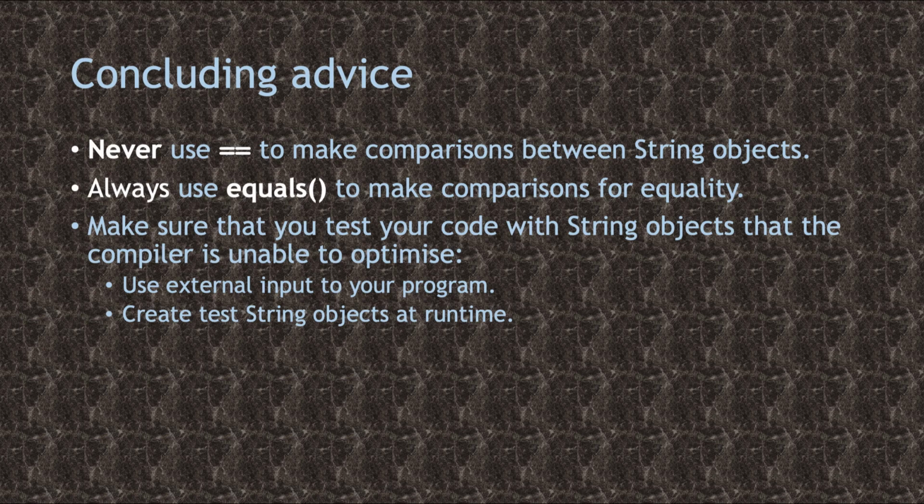Furthermore, when we're testing our code to make sure that we've followed this rule, we should always test with string literals that the compiler is not able to get access to at compile time. So we can do things like interactive testing, where we read the text from either the keyboard or from a file. And we can also put tests in our code where we dynamically create string objects in the way that we did in the test class.